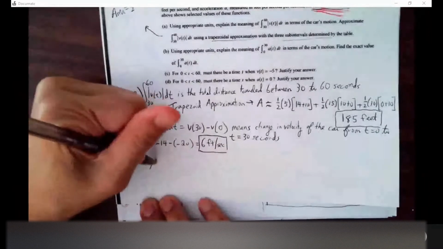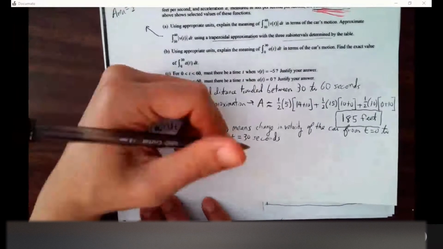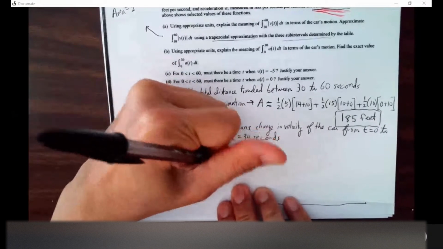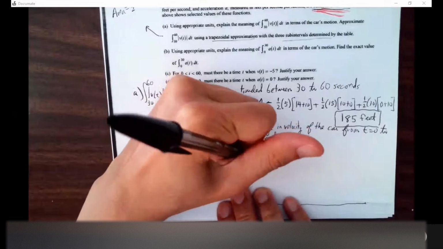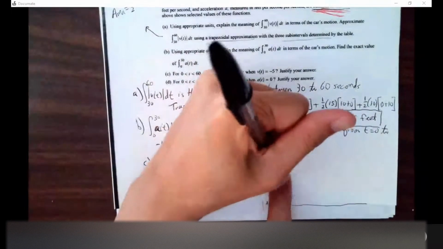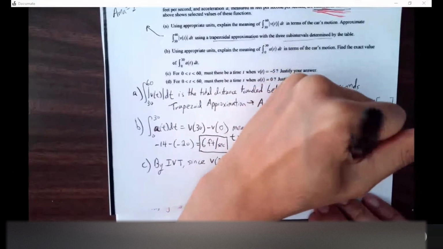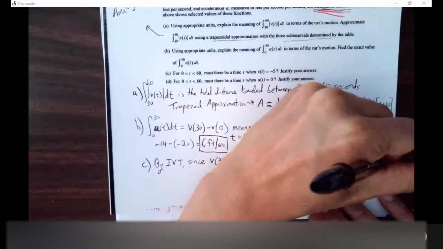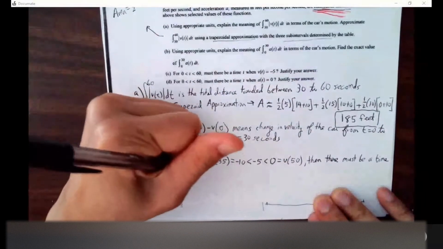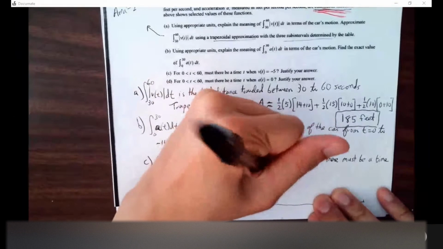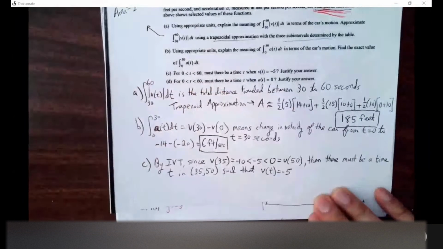So we can say by IVT, since the velocity at 35 seconds is -10, and -10 is less than my target, and I know the other endpoint is 0, which occurs at 50 seconds, then there must be a time in the time interval from 35 to 50 such that v of t equals -5.